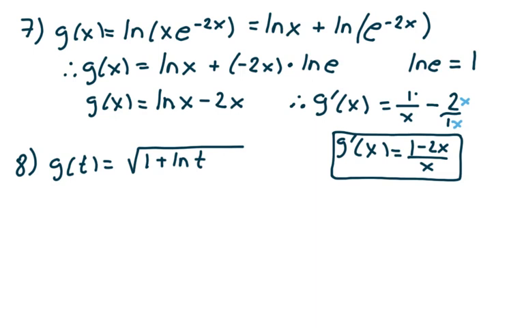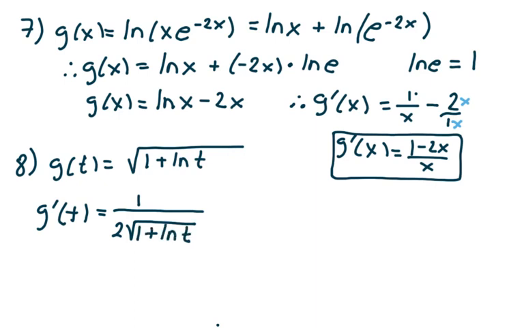So let's take a look at example 8. We have g of t is equal to the square root of 1 plus the natural log of t. And I want g prime of t. Well, that's going to be 1 over 2 times the square root of 1 plus the natural log of t.